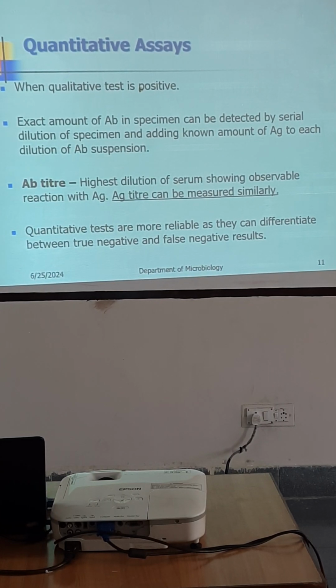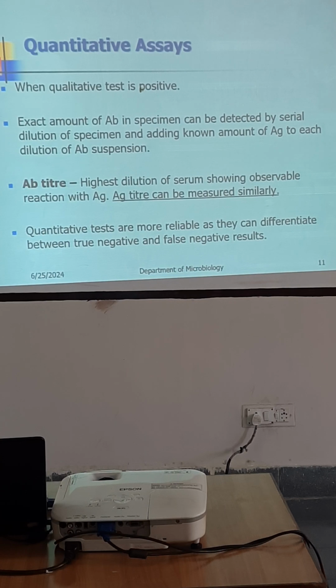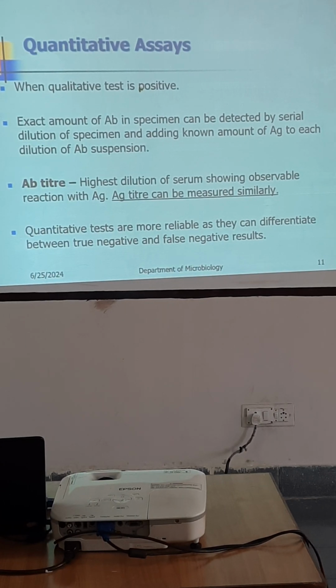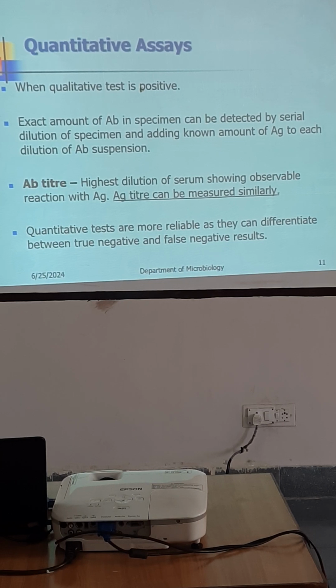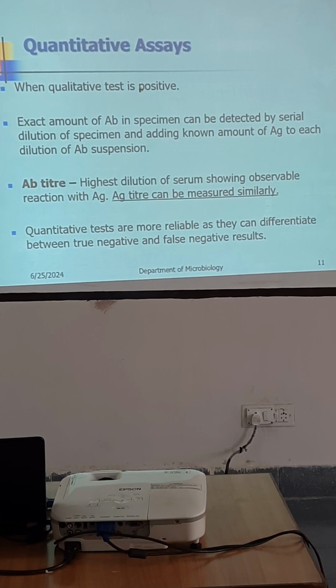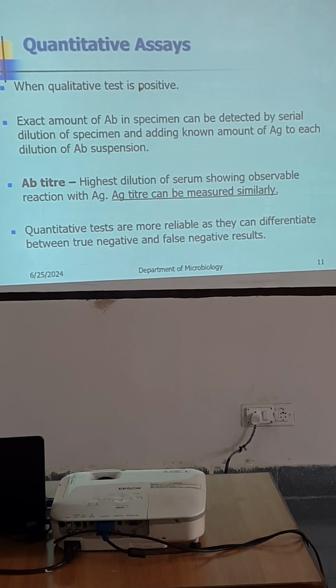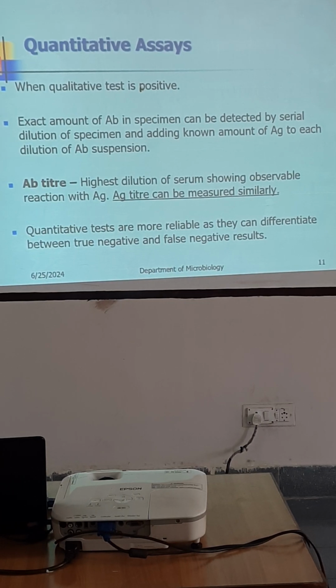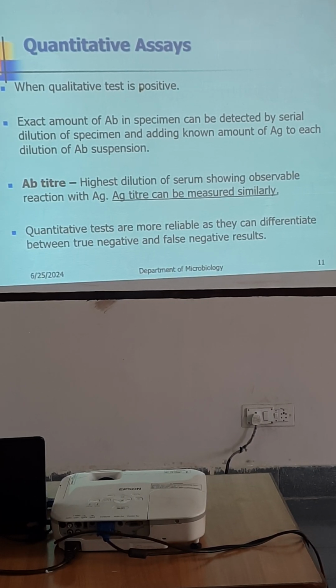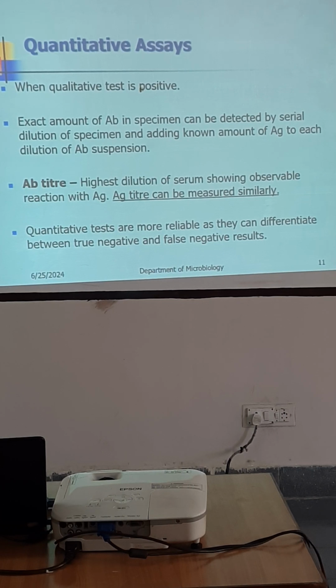With quantitative assays we are going to know the exact amount of antibody present in the specimen. How? We serially dilute the specimen, 1:10, 1:20, 1:40, and to each dilution we add an exact amount of antigen.